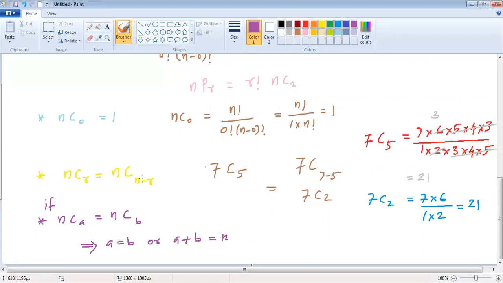So the above step you can see that r and n minus r, if you add r plus n minus r, देखो r and minus r cancel हो जाएगी, you will get n.